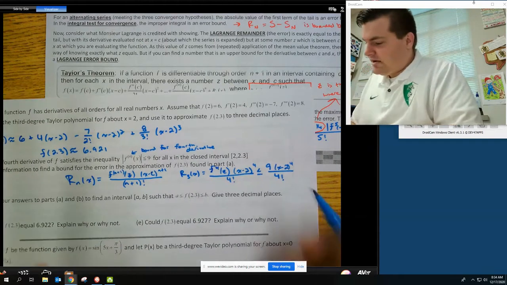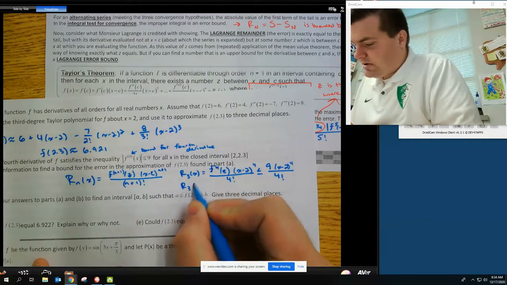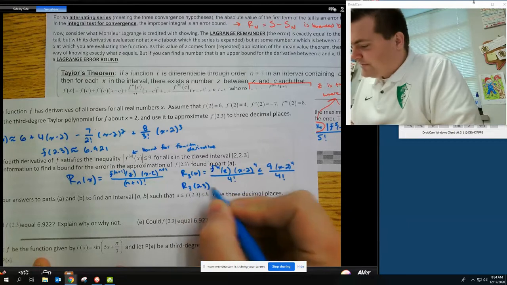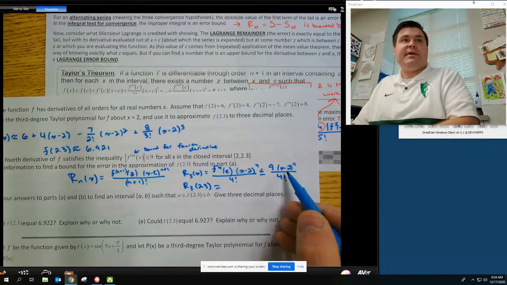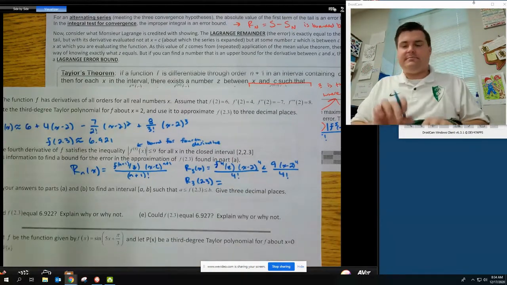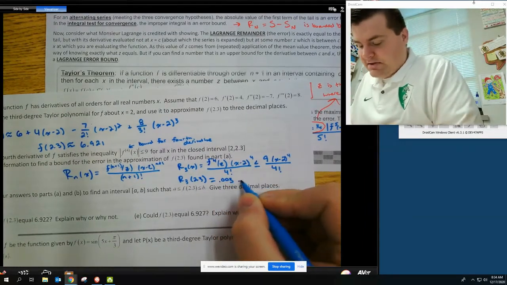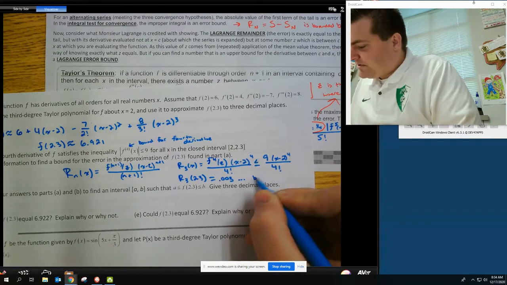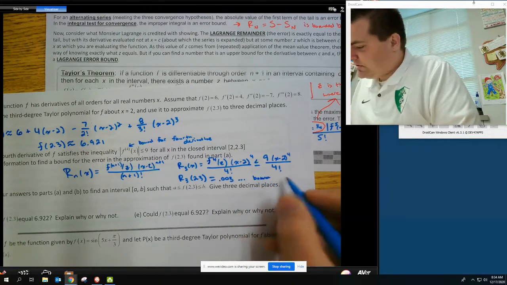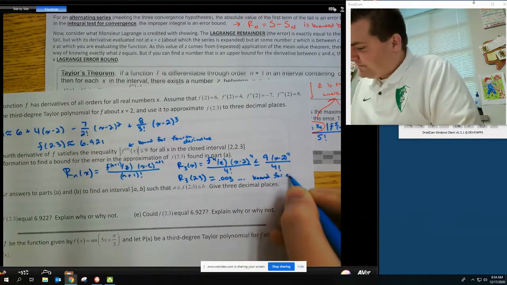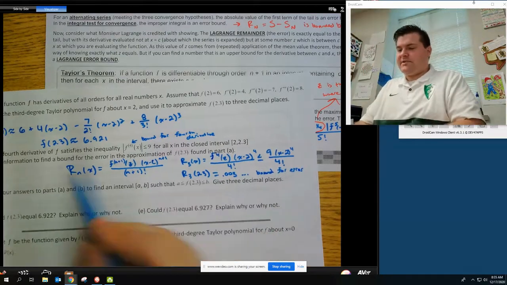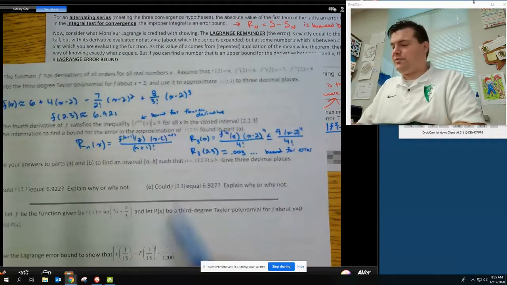So now plug in here my 2.3. So if I go ahead and plug in a 2.3 for x here, just pretend I do it, I'm going to get 0.003. So this is the bound for error. Okay, so that's what this is asking, just to find R sub 3 of 2.3, which I did.